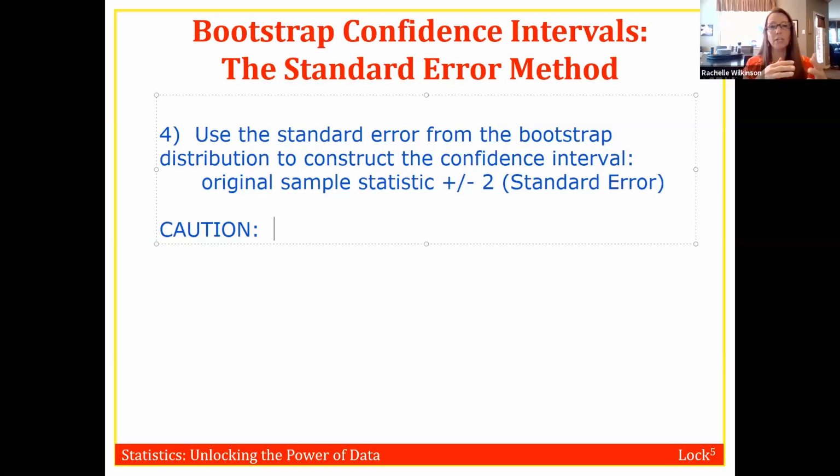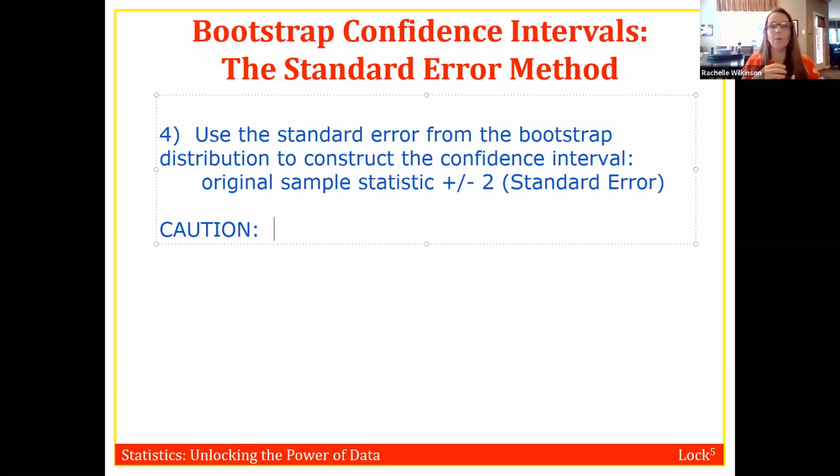We did mention that the center of the bootstrap distribution should be the same as the original sample statistic, but it's not going to be exactly the same because we're only taking a few thousand samples and not every possible sample that could be computed.